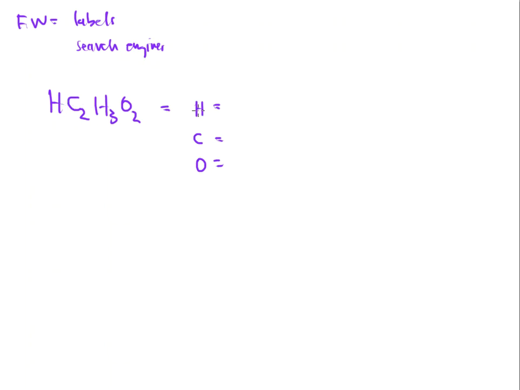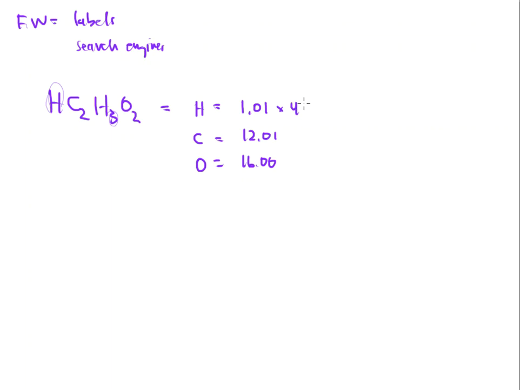So if I take a look at hydrogen and I go to the periodic table, I'm going to find 1.01 as a rounded number. If I go to carbon, I'm going to find 12.01 that's listed there. And if I go to oxygen, I'm going to find a 16. Well, now I need to bring in the subscripts. How many hydrogens do we have in total? Well, there's 1 from here and 3 from there.